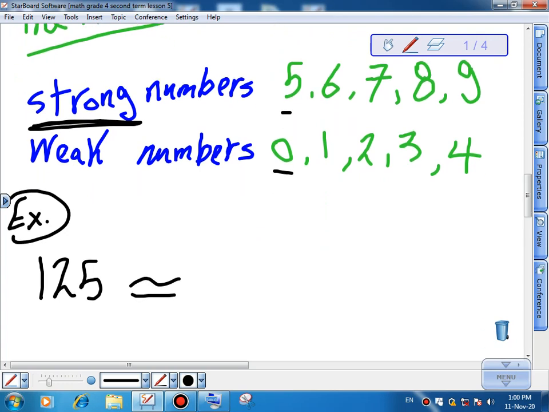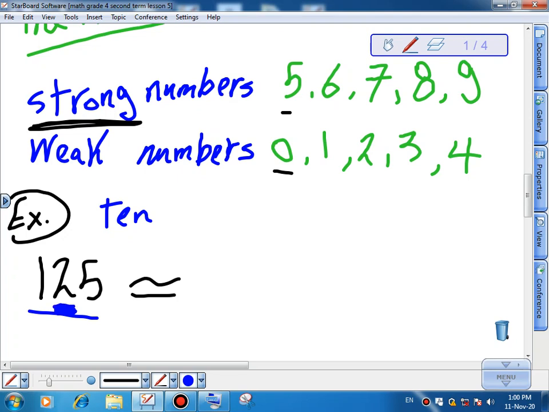If I need to approximate this number 125 to the nearest 10, the rule that I will use is this. First, I need to approximate to the nearest 10, so I will look at the 10th place. Where is the 10th place here? 5 or 2? 2 is the 10th place.